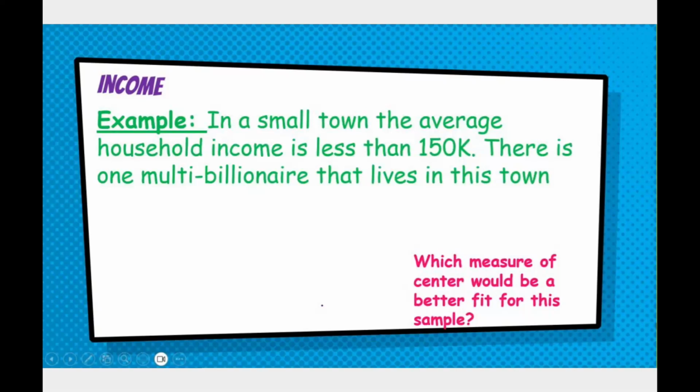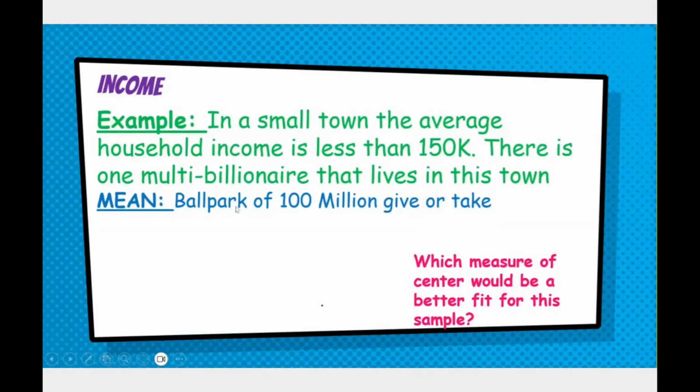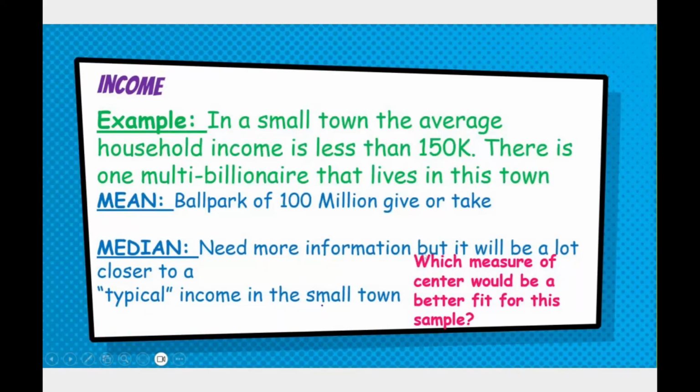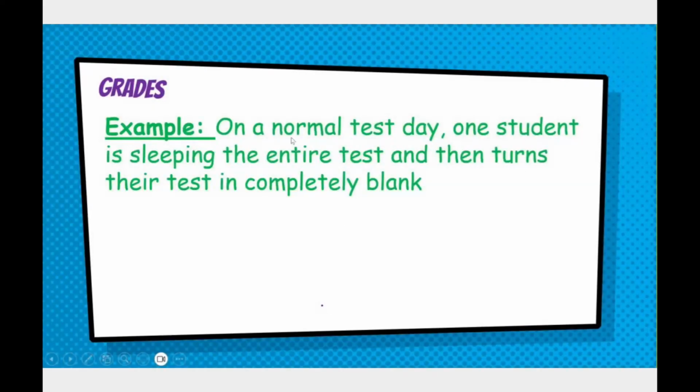But then this one billionaire, if he's included in that, he's going to jack up our average quite a bit, and then we wouldn't say that the household income is less than 150,000. That billionaire is going to make it so you would say that the average income for this small town is in the millions, and that's simply not true. This one guy's ballpark 100 million, give or take. That would be what the mean would be, and the median, we would need more information, but it would be a lot closer to a typical income in a small town.